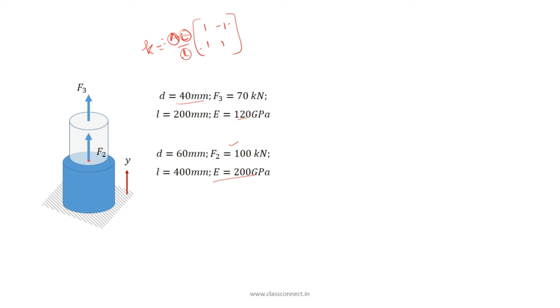Length is on a coordinate basis, so that is not part of the element property, whereas A and E are part of element properties. So whenever area is changing or modulus of elasticity is changing, we have to create a node.